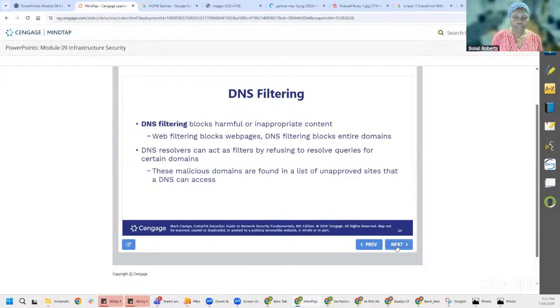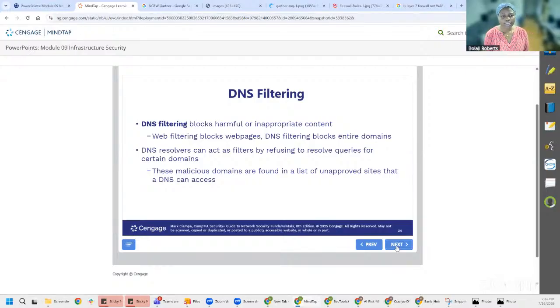For the domain name system, you have DNS filtering. Yesterday we talked about DNS threats. So you have DNS filtering, and this blocks harmful or inappropriate content as well. So you can use the DNS filtering solution or feature to block web pages, to block an entire domain.